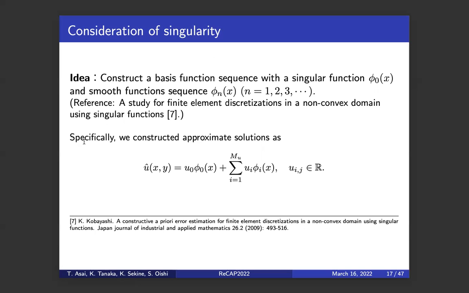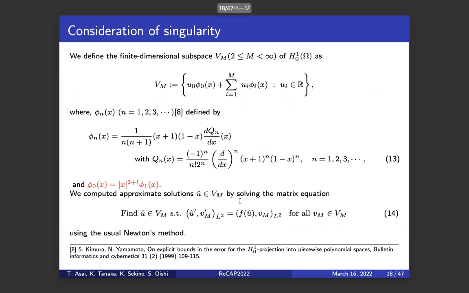And so specifically, we constructed approximate solutions like that. And more specifically, we defined the finite dimensional subspace B_m of H^1_0 like this, where phi n is defined by Legendre polynomials like that, and the singular function phi 0 is defined like that.